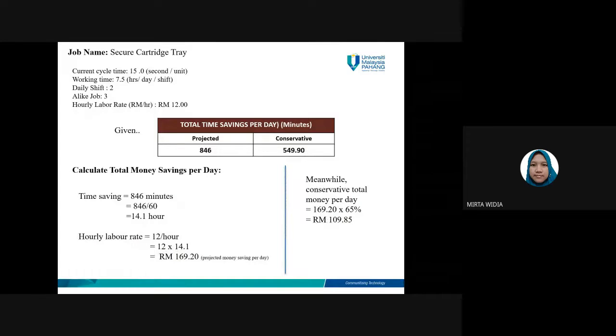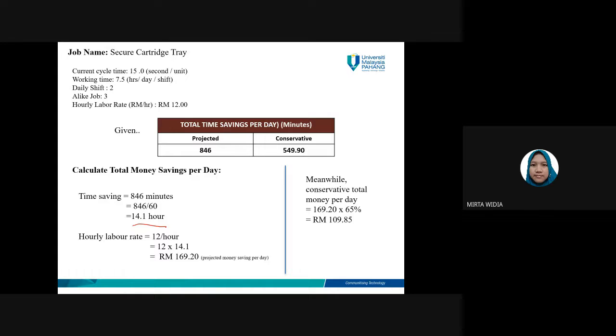Okay, sekarang kita nak kira duit. Lepas kita dah tahu total time saving per day. Ini tadi kita dapat dalam second, ini sekarang kita dalam minit per day ya. Okay, dan dalam 846 minit tu kalau kita jadikan hour adalah 14.1 hour ya. Dalam 1 hari dia boleh jimat 14 jam.